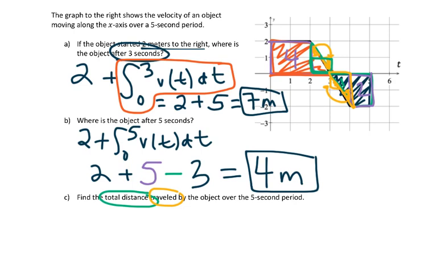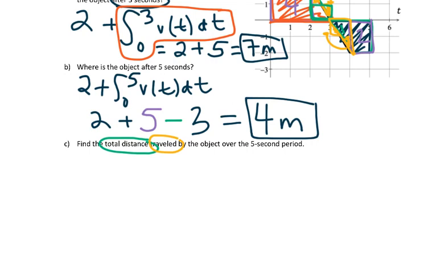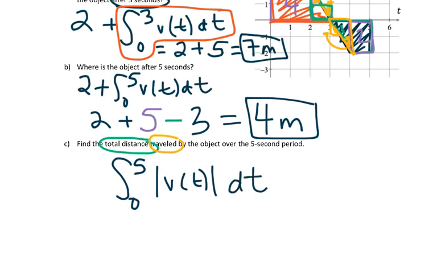I know it's in our notes: what this means is we're looking from 0 to 5 seconds, and because we're looking at total distance, we're looking for the absolute value of this. If you look back at the notes, you'll see that notation there. Remember, if you take the integral of the absolute value of velocity, that equals your total distance.